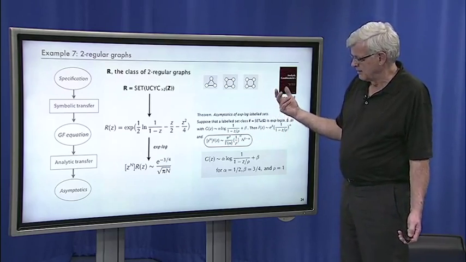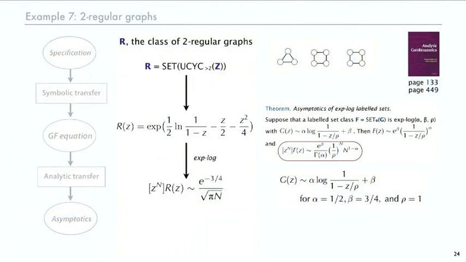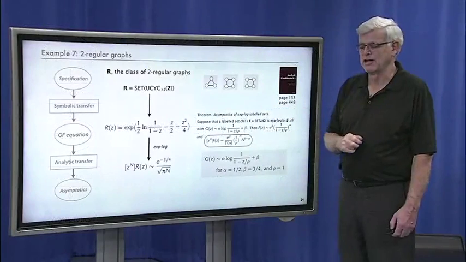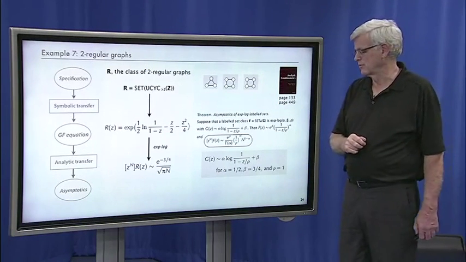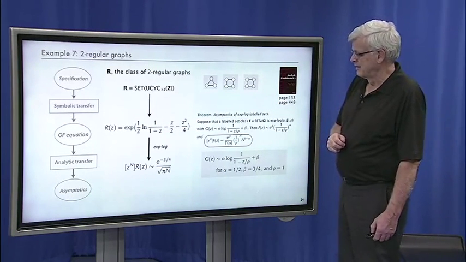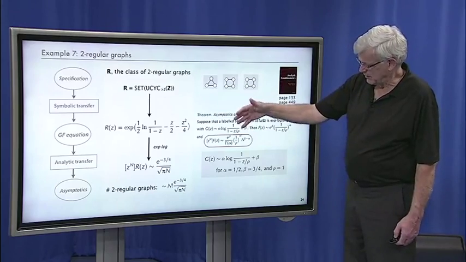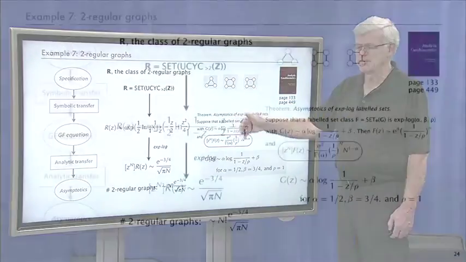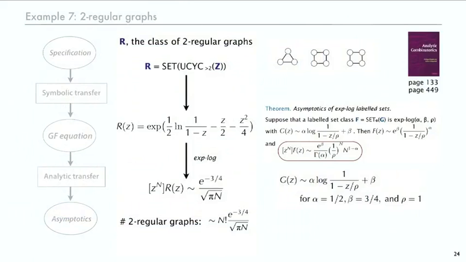And that's it. So immediately, the X-log theorem translates from the generating function equation to the coefficient asymptotics, e to the minus 3/4 over square root of pi n. And so if you want to get the number of 2 regular graphs, you multiply that by n factorial.